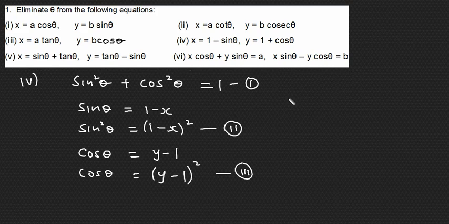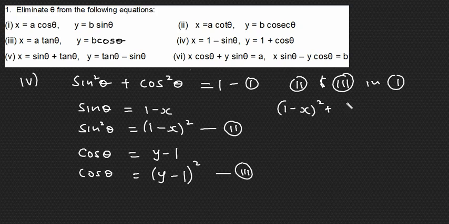So 2 and 3 in 1, we shall be getting 1 minus x squared plus y minus 1 squared equal to sine squared plus cos squared. This gives us a 1 as our required equation.